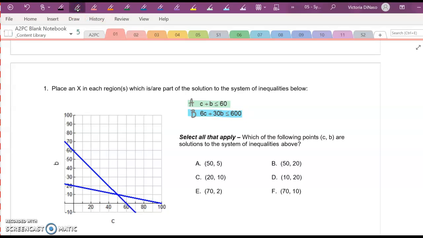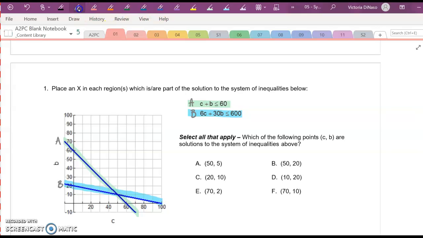I'm going to take a look at A, and I notice that 60 would be the y-intercept for my A line, and this line is going through 60 as the y-intercept, so that has to be line A. And then line B must be the other one. It's the only other option. Go ahead and highlight my lines.